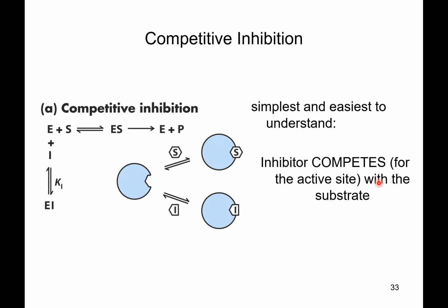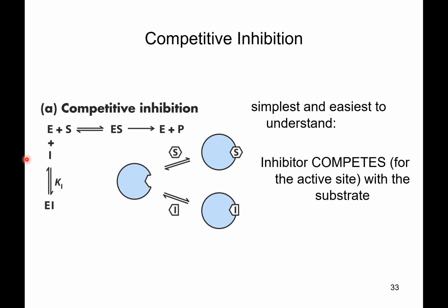So first is competitive inhibition. Competitive inhibition is where you have an inhibitor, I, and it competes with the enzyme for that active site. So your enzyme can either react with the substrate and form that enzyme substrate complex, or it can combine with the inhibitor and form the enzyme inhibitor complex, which then does not catalyze the reaction.